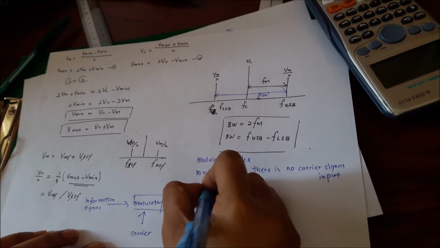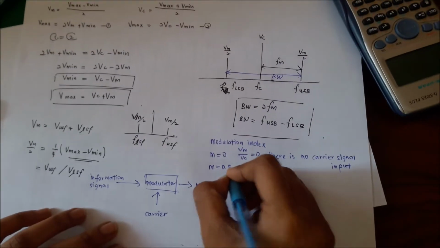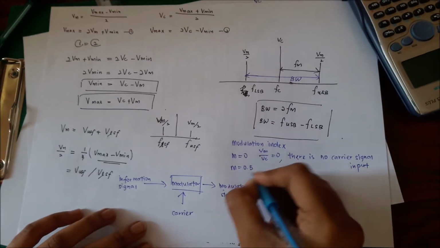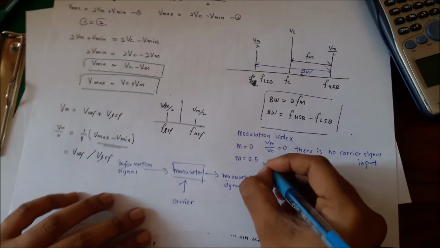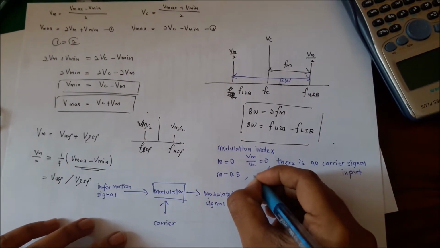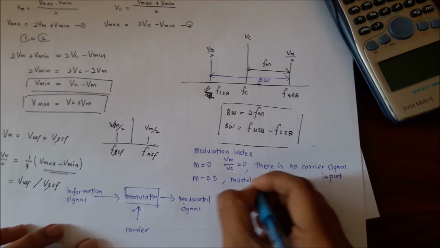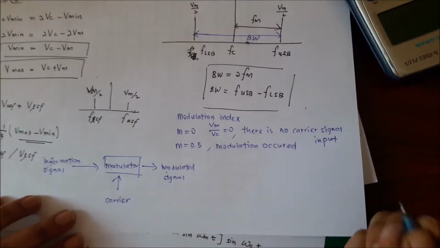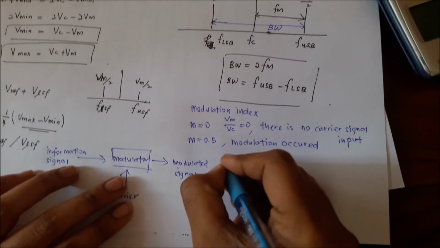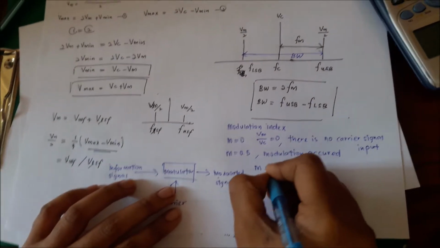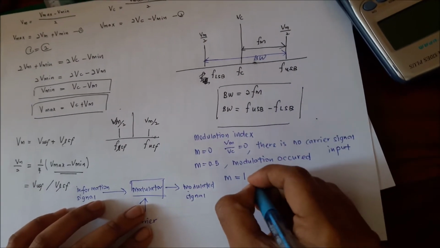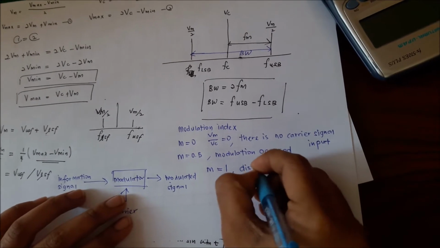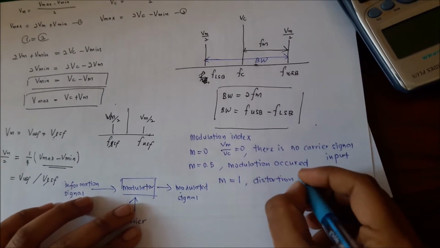If your m is equal to 0.5, or a value that is less than 1, it means that modulation occurred. And if your m is equal to 1, distortion could have happened.